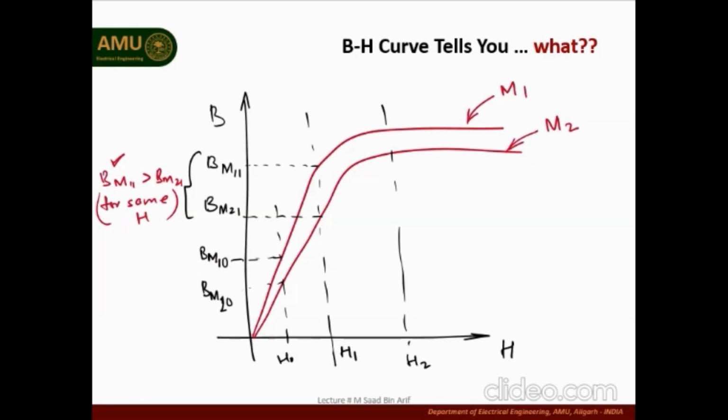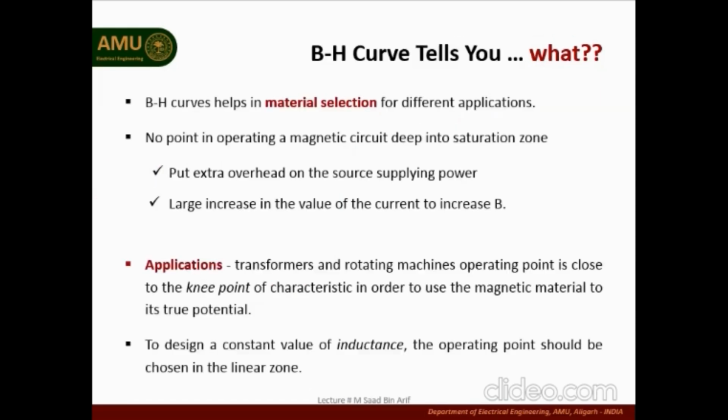From the above discussion, it can be said that there is no point in operating a magnetic circuit deep into the saturation zone, because in the saturation zone a large exciting current is required to get an increase in B, and this large exciting current will put extra overhead on the source supply power to the coil.